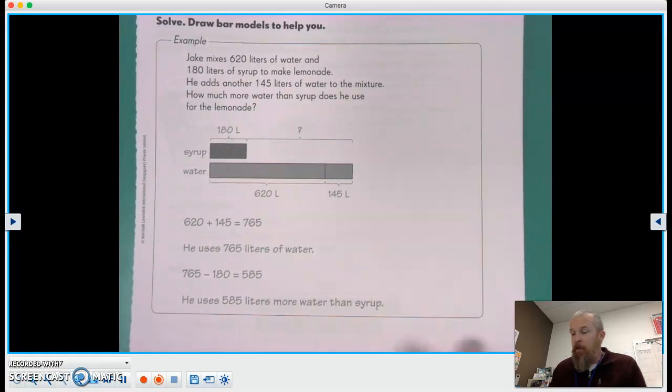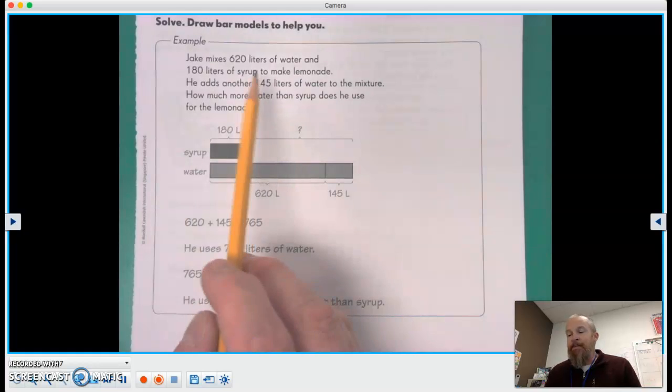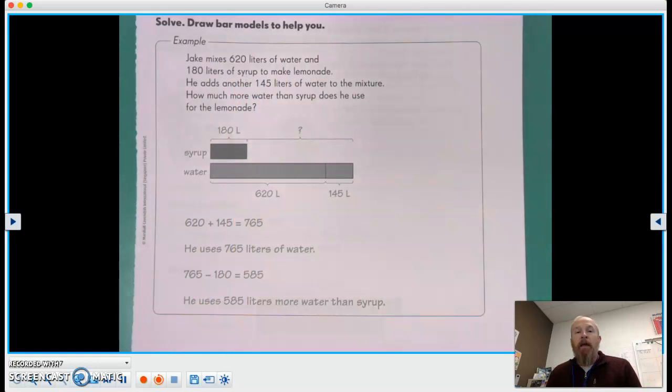So Jake mixes 620 liters of water and 180 liters of syrup to make lemonade. He adds another 145 liters of water to the mixture. How much more water than syrup does he use for the lemonade?